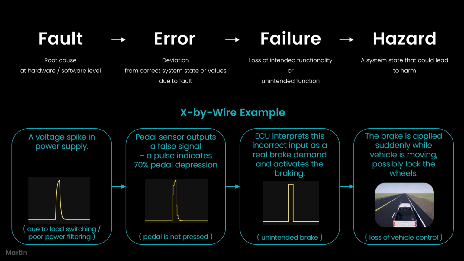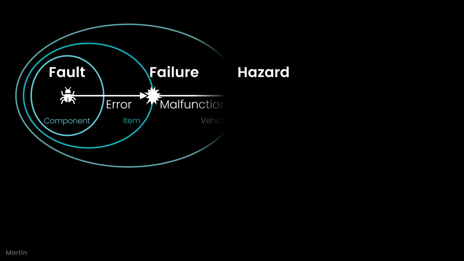In this scenario, the brakes may be applied suddenly and forcefully while the vehicle is in motion, potentially locking the wheels. This could result in a loss of vehicle control, especially in high-speed or curved road conditions, creating a serious safety risk. A fault occurs at the component level. A failure manifests at the item level, and a hazard is observed at the system or vehicle level.